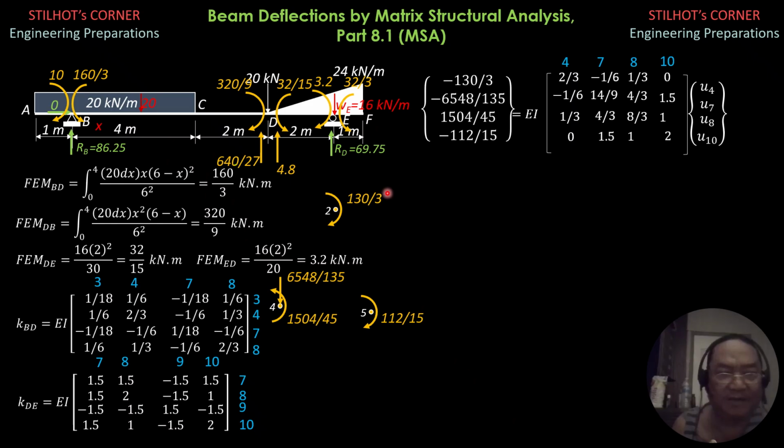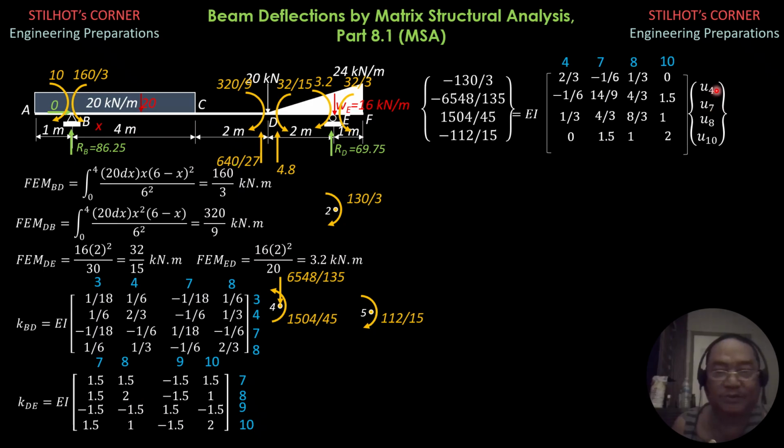This will be the loading, negative 130 over 3, negative 6548 over 135, then positive 1504 over 45, then negative 112 over 15. The numbering, then this system structural matrix, then we are interested in U4, U7, U8, and U10. We can now compute this.